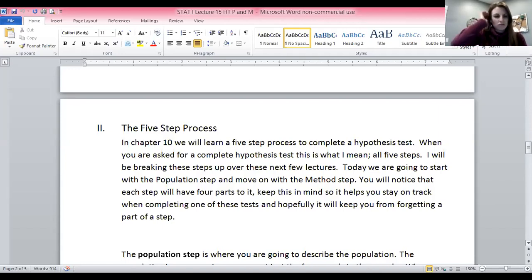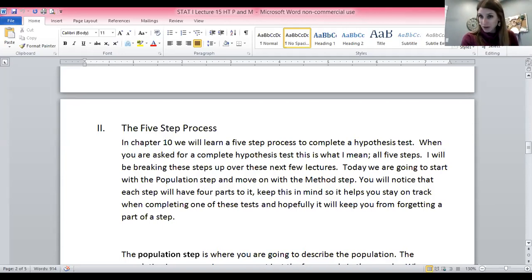Like I said, it's going to seem really long, but it's really there to help guide you. It's a really good process. It just seems overwhelming. So I'm not going to show you all of the steps today. We're going to take the next few lessons to learn the five steps, okay? I think I said 10 steps, it's 5 steps.